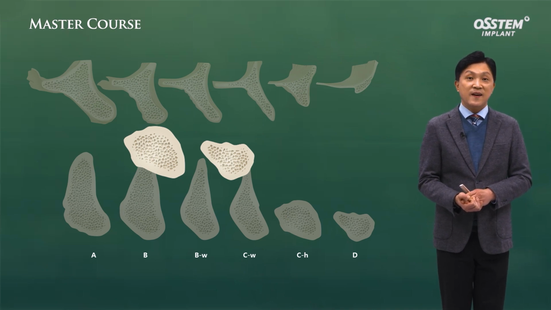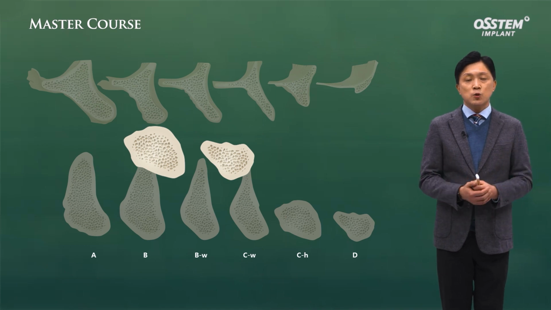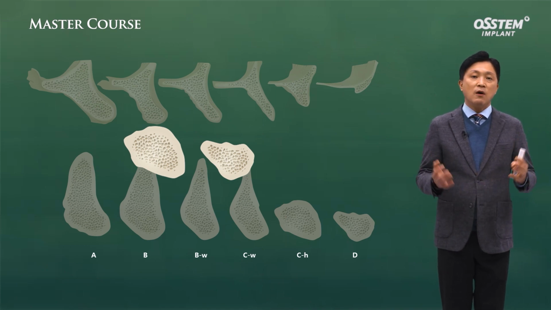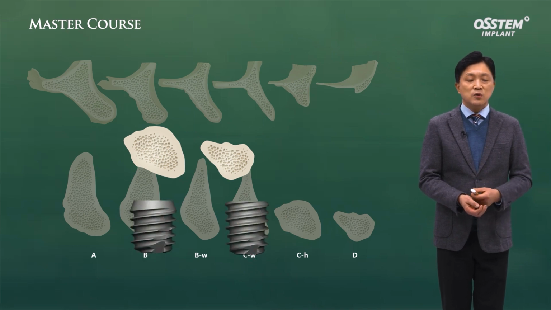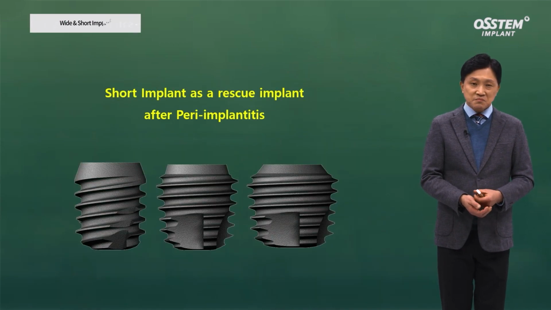So there is no more remodeling in this ridge. Only the base of the ridge exists, so it has a very wide width of ridge. In that case, a short and wide implant can be used for restoration.